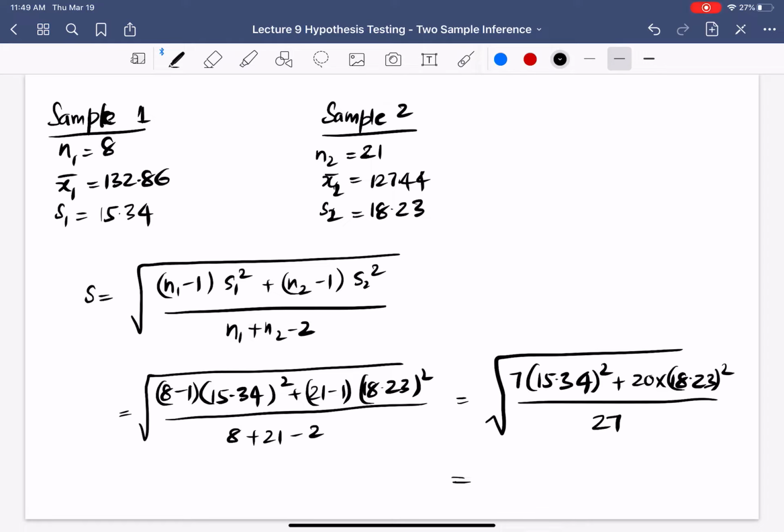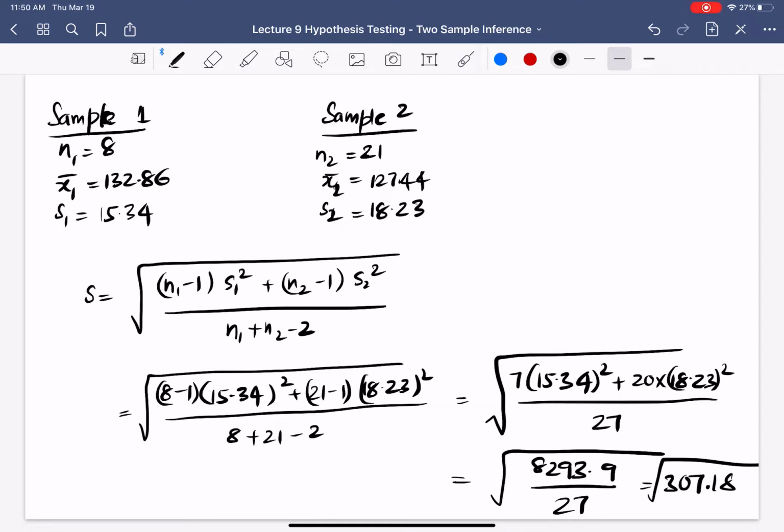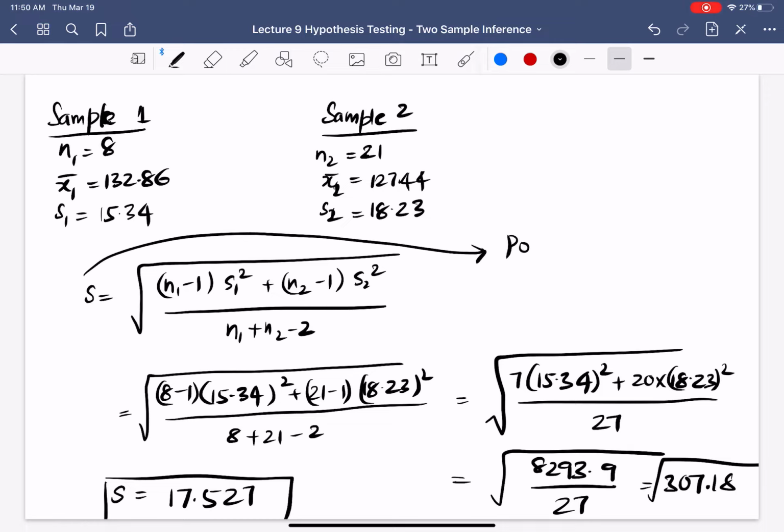If you calculate it, you get 8293.9 divided by 27, which becomes 307.18 under root. Now if you take the S value, it becomes 17.527. You can pause here and calculate it using a calculator. This S value is called the pooled estimate of variance.